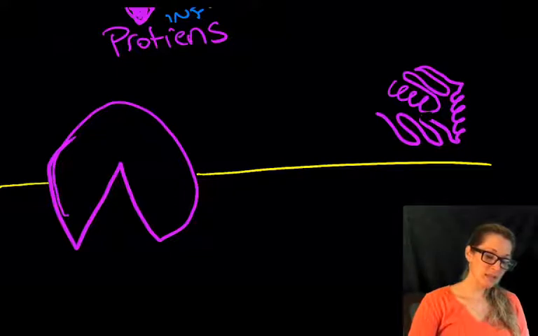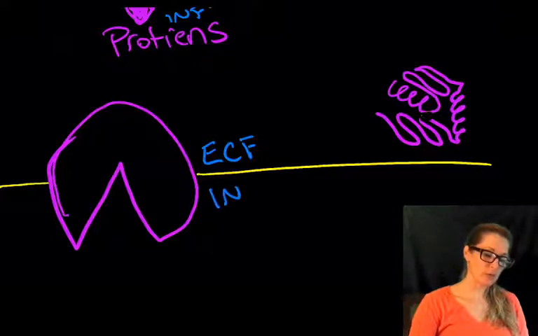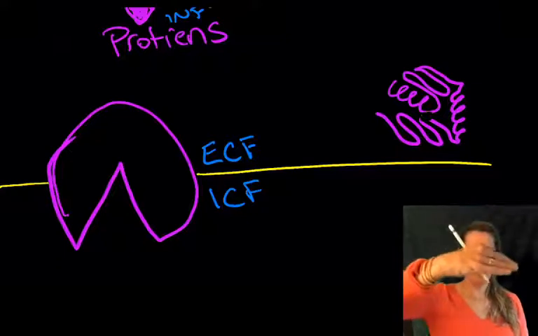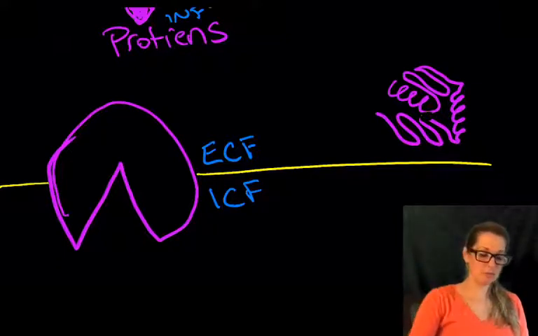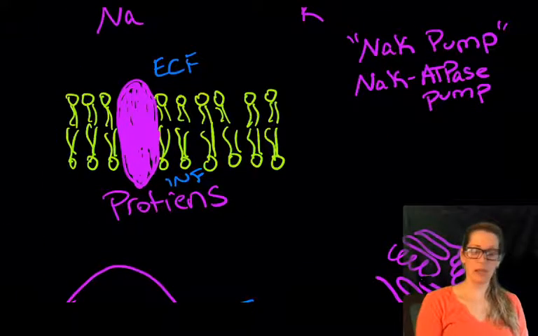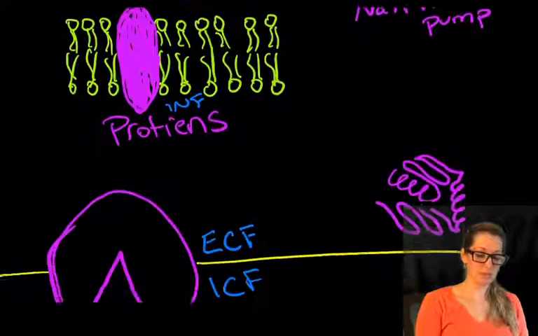So in this drawing, the top is the extracellular fluid, outside of the cell, and the bottom is the intracellular fluid, inside of the cell. The yellow line is a simplified drawing of the phospholipid bilayer so I don't have to draw all those little heads and tails.